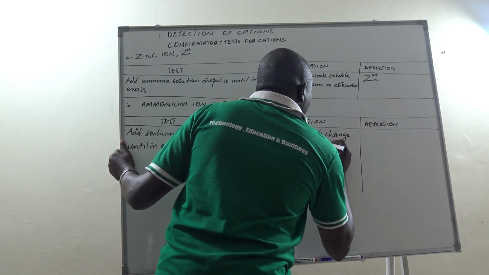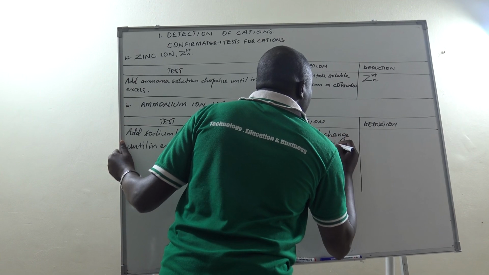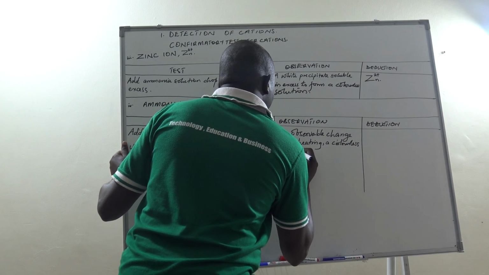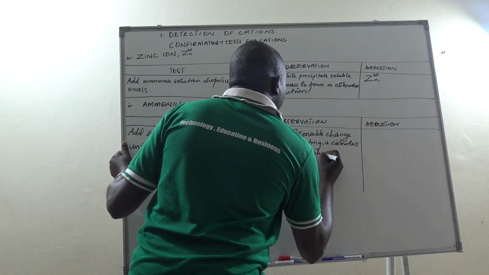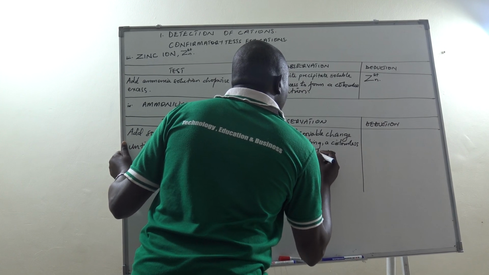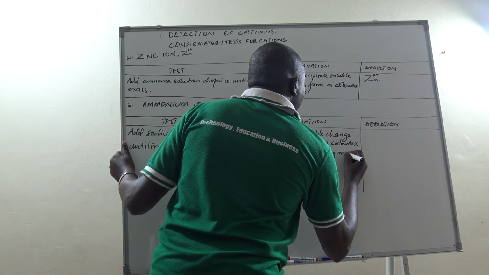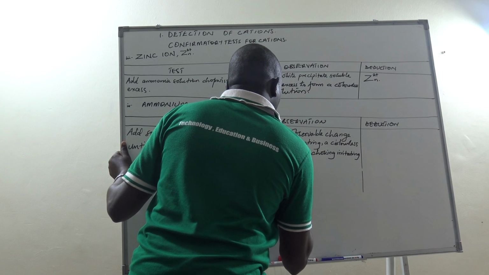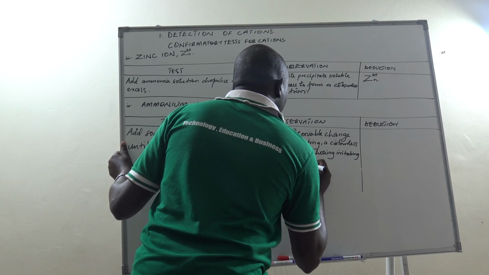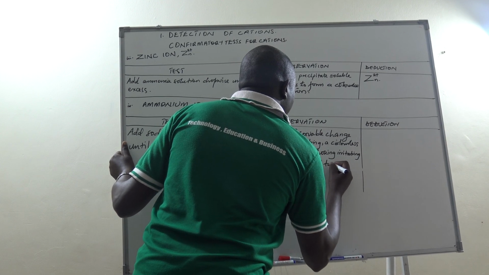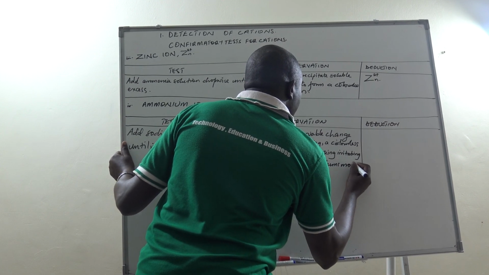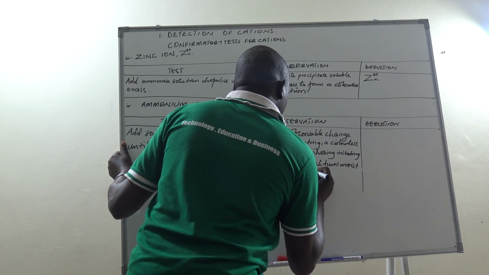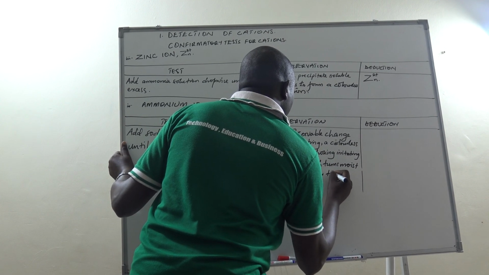So, on heating, a colorless gas with a choking, irritating smell is produced, which turns moist red litmus paper to blue.